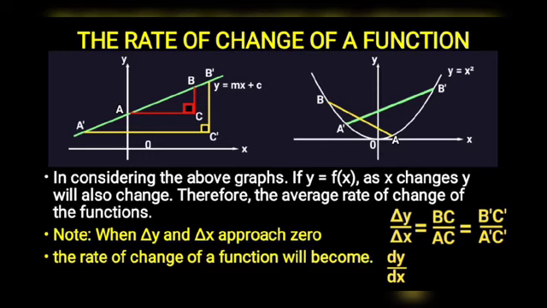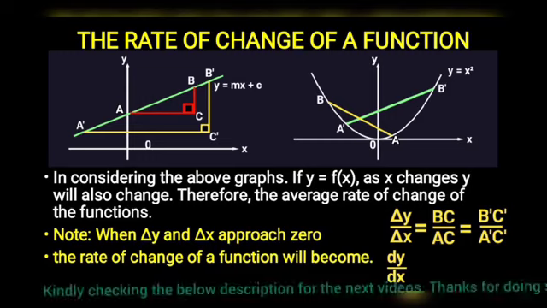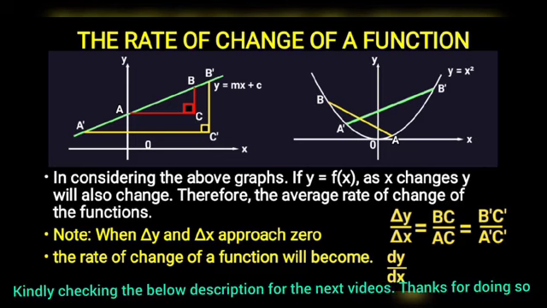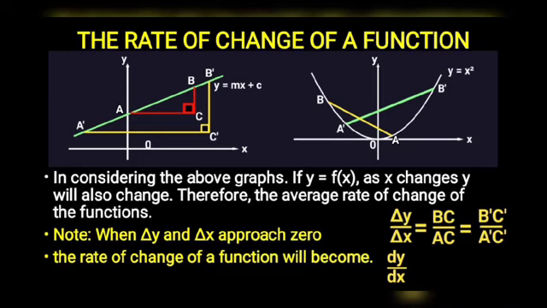Therefore, the average rate of change of the function will be represented as delta y over delta x is equal to BC over AC, which is also equal to B prime C prime over A prime C prime. But note that when delta y and delta x approach 0, the rate of change of a function will become dy dx.